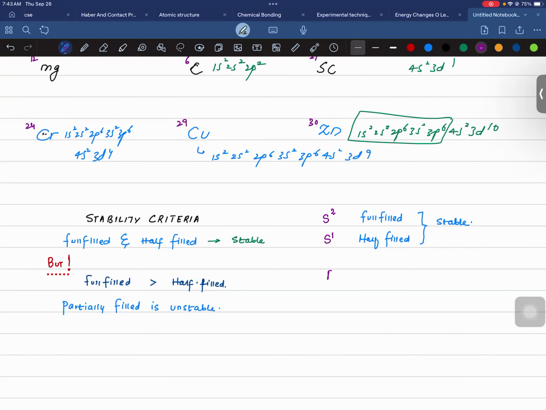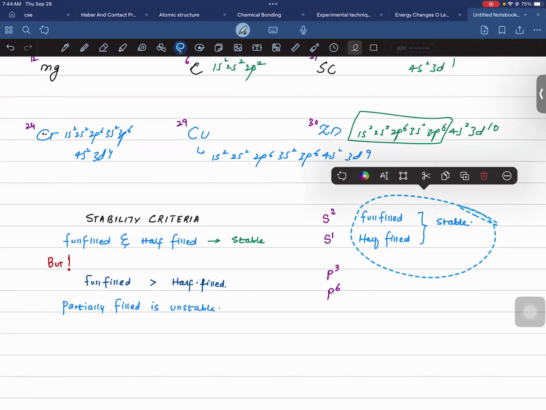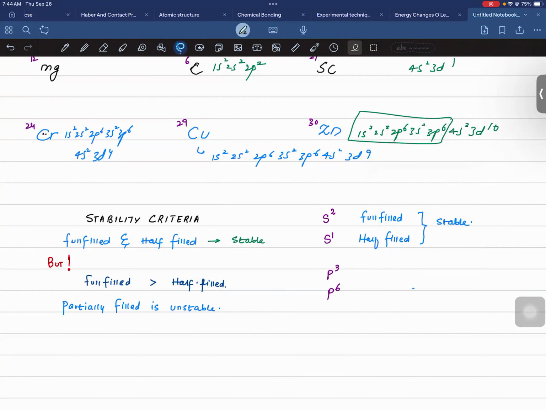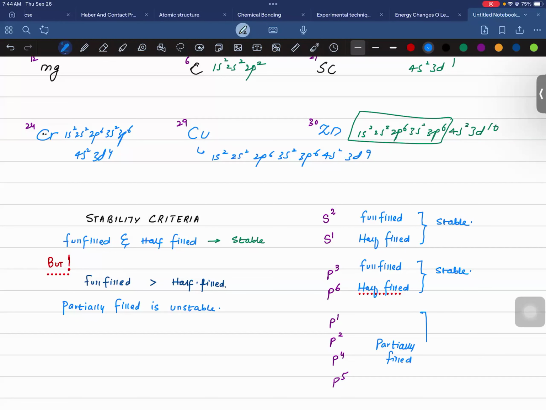And let's suppose you have p3 and p6, again the same thing. Both are stable. But if you have p1, p2, p4, and p5, these are called partially filled, which are unstable.